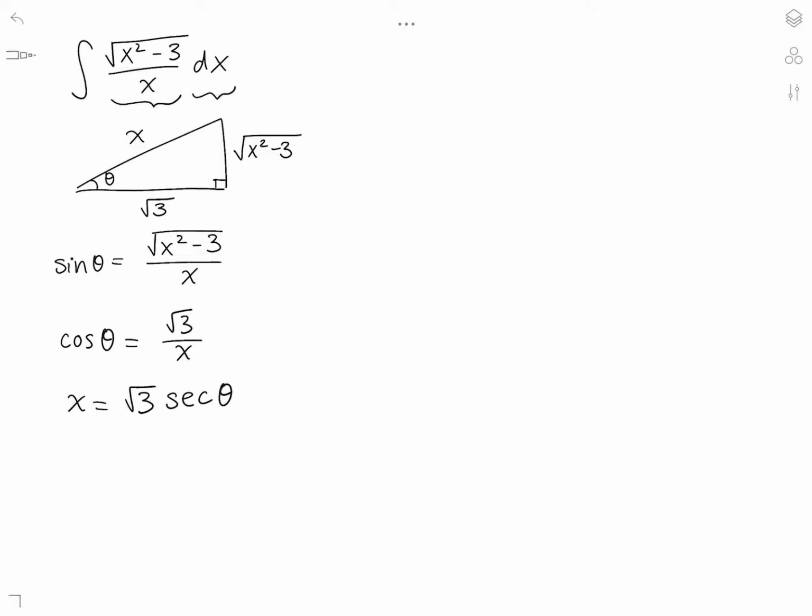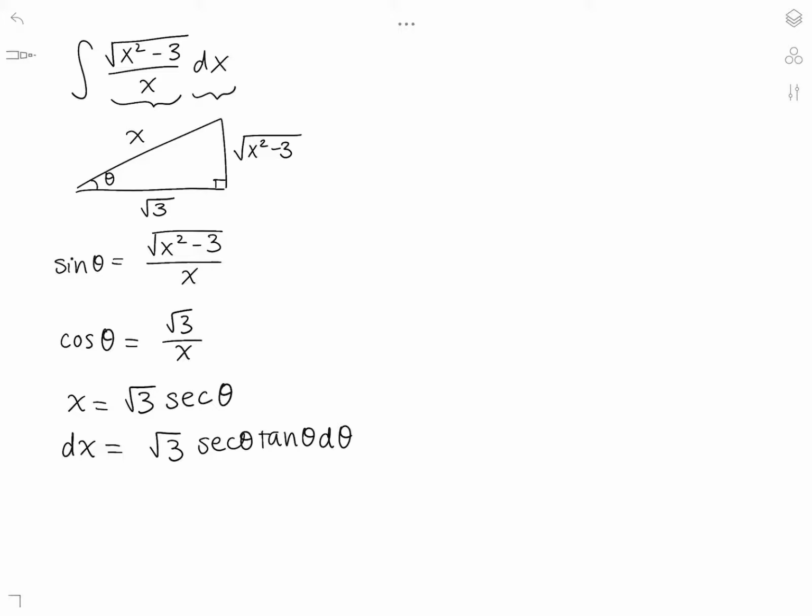Then when we take the derivative of both sides, we get that dx is just going to equal root 3 times the derivative of secant theta, which is secant theta tangent theta times d theta.